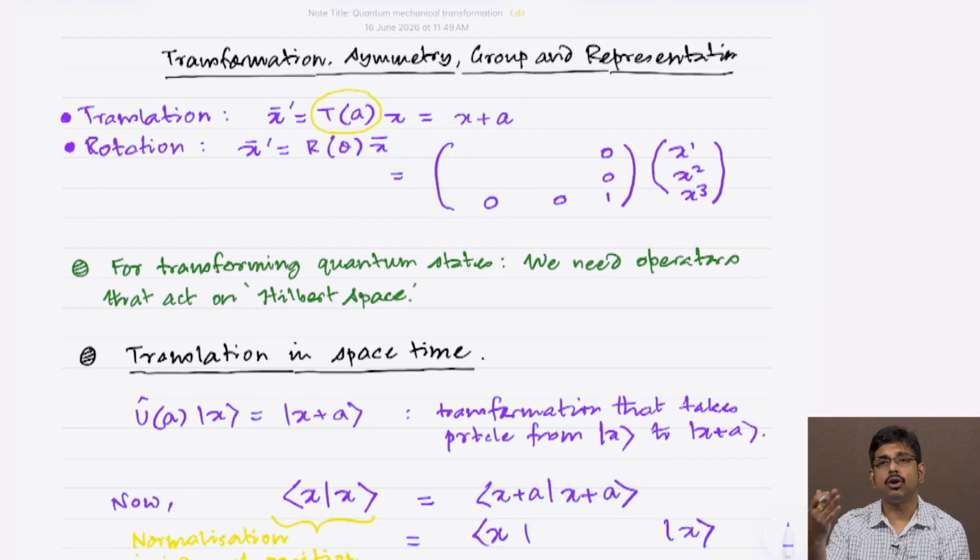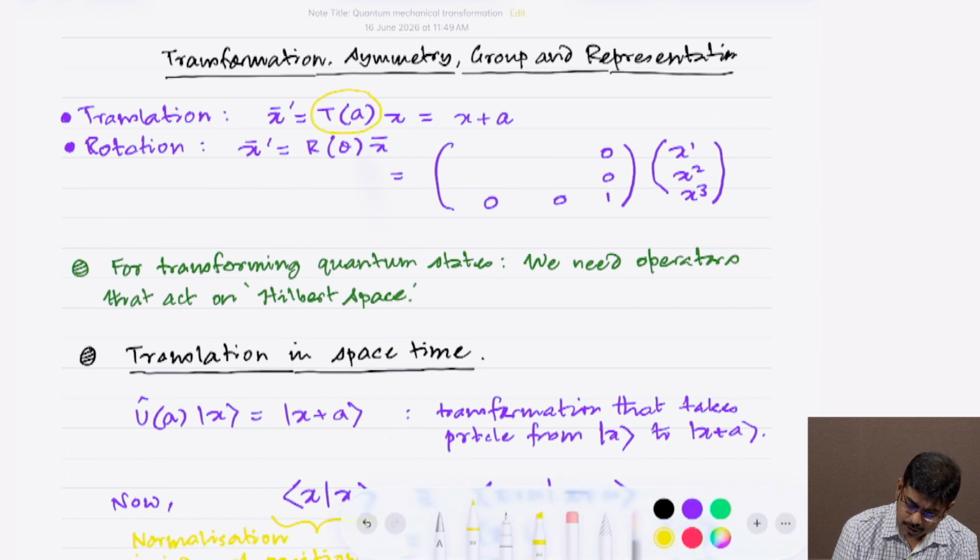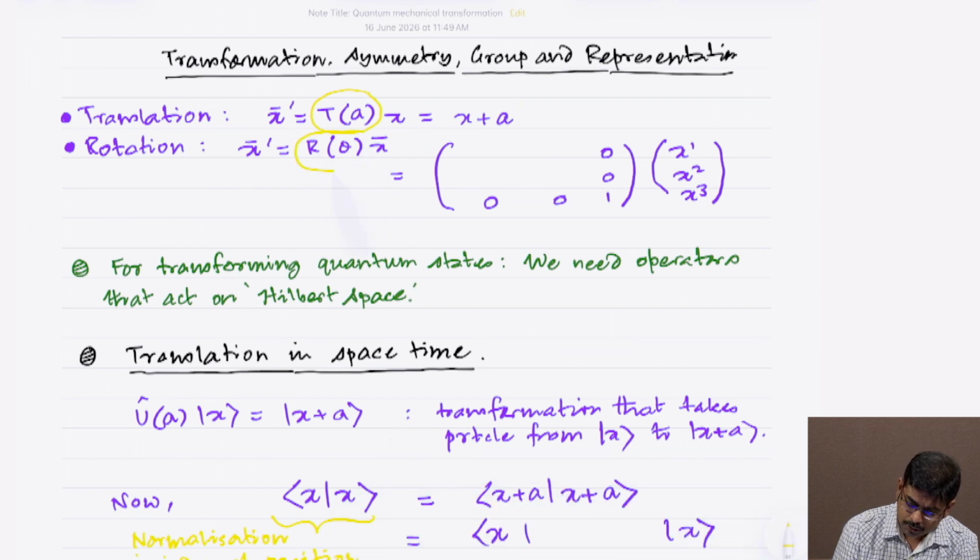Similarly, I can think of a time translation operator, which translates the time from t1 to t2. I can also think of rotations, another classic example, with a rotation matrix R(theta) by which you rotate.